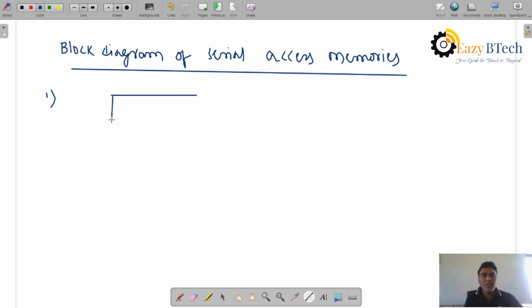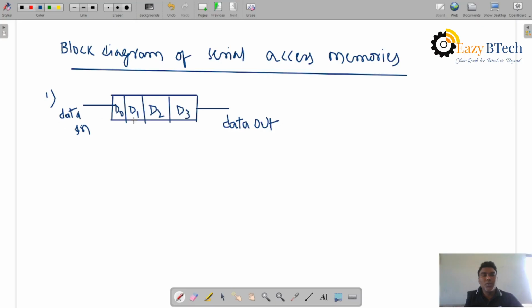You can see we are applying serial input and taking serial output. Let us take 4 bits of data. This is data in and data out. Here we have D0, D1, D2, D3.